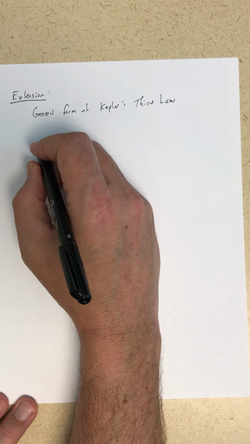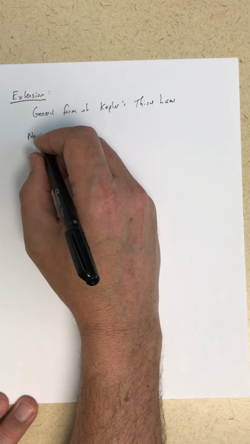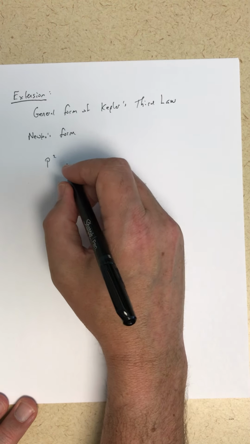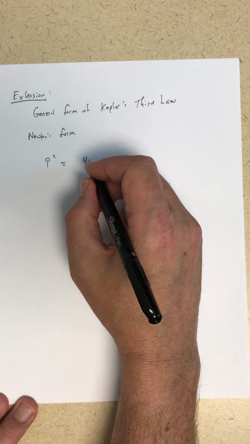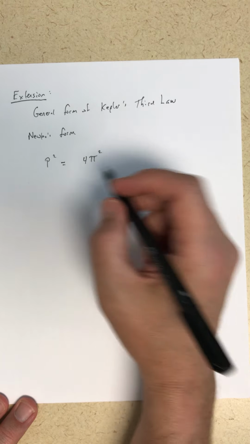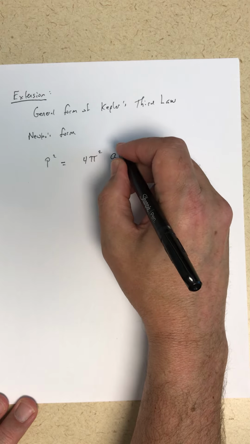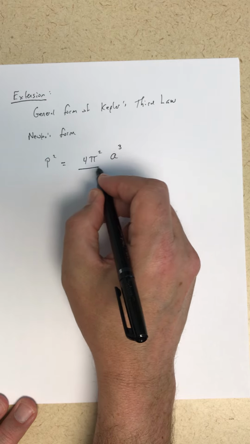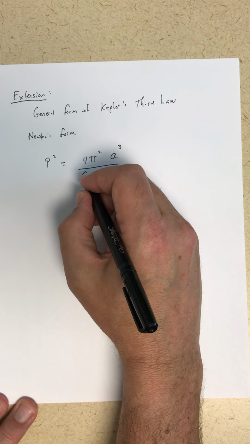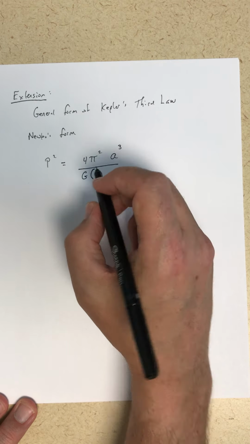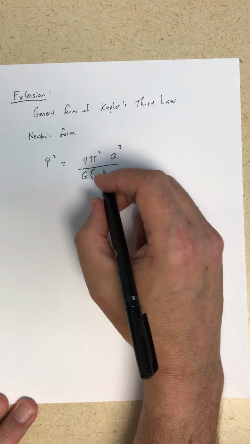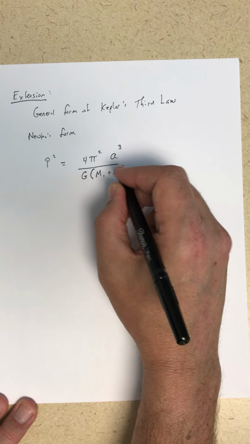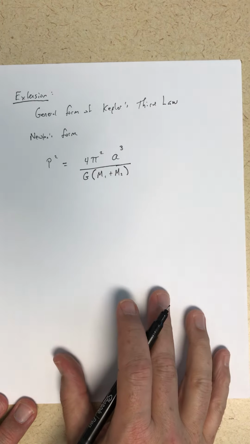So Newton's form: period squared is equal to, now we pick up some constants, 4 pi squared, semi-major axis cubed, so it still has the P squared and the a cubed. And then in the denominator, we have a new constant of nature, the universal constant of gravitation, and the sum of the two masses of the bodies involved in the orbit.